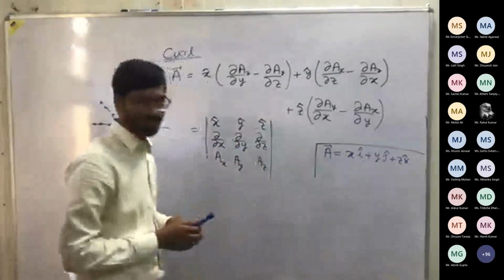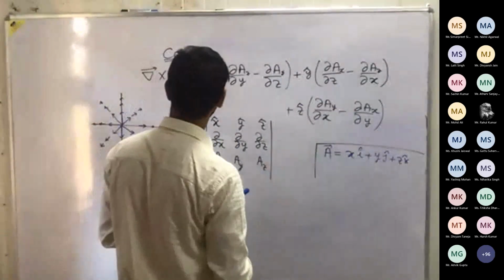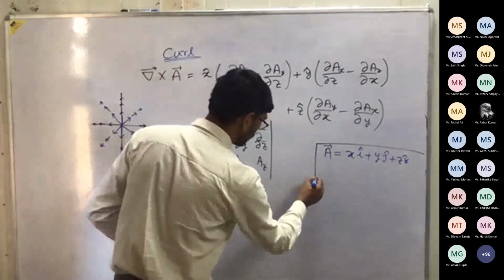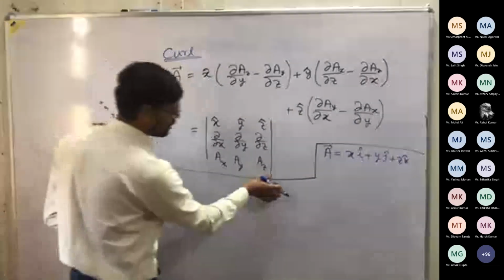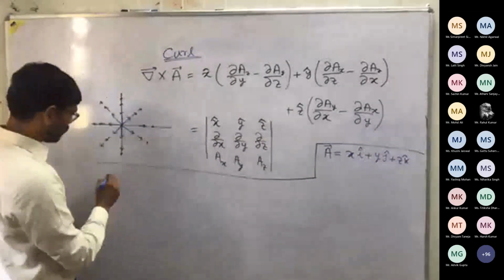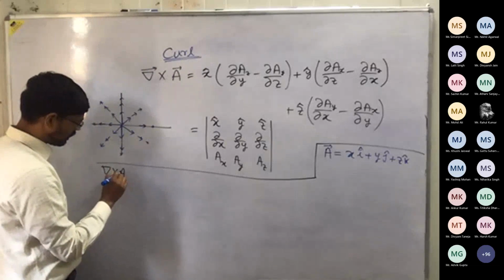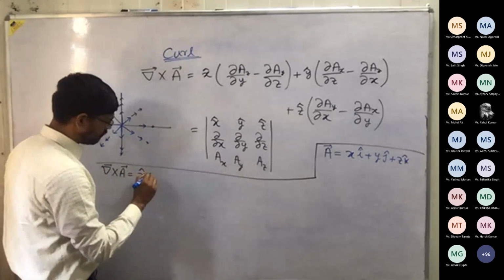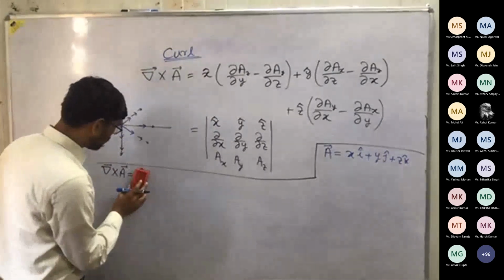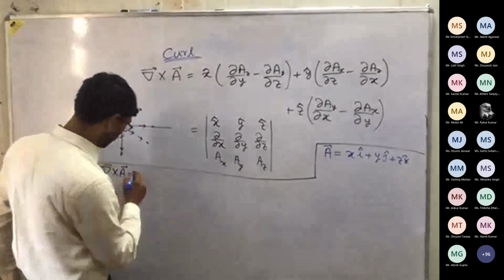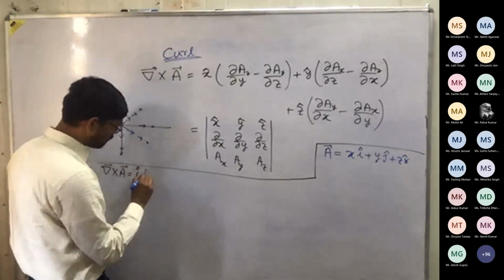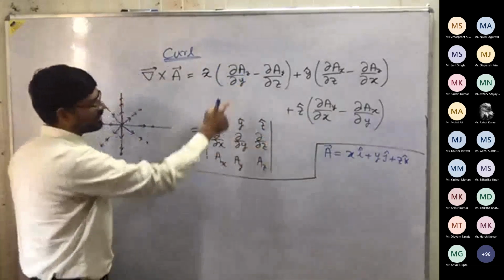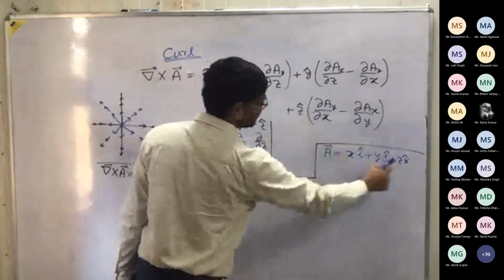But let me compute this quantity. So A is this much. Curl A: the i cap component.